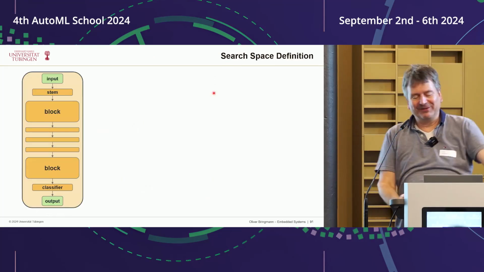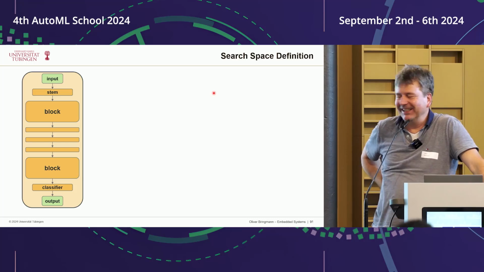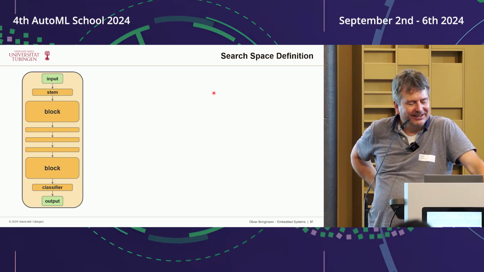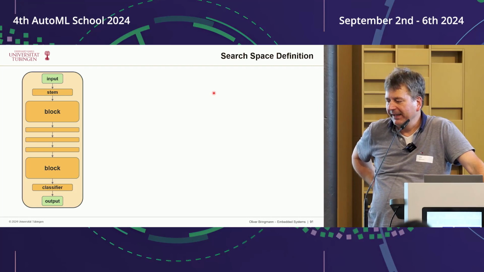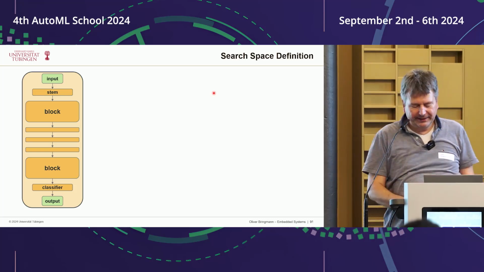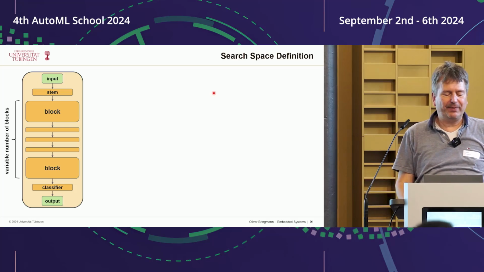Next is what we are showing in the tutorial, in hands-on, to actually do hardware-aware NAS, and very important is the search space definition. We have some kind of hierarchy here for how to define the search space.